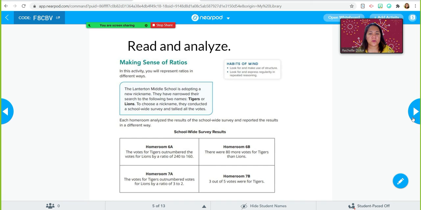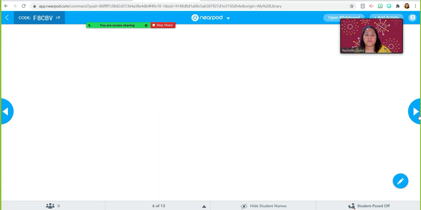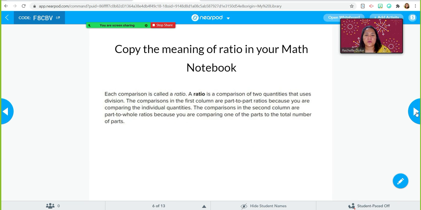So go ahead, read this page in your math book. It should be on the next page that we use here. So go ahead, read that, and make sure you are writing down notes, and let's answer some questions. So go ahead, copy this in your math notebook. I would like you to copy the meaning of ratio.